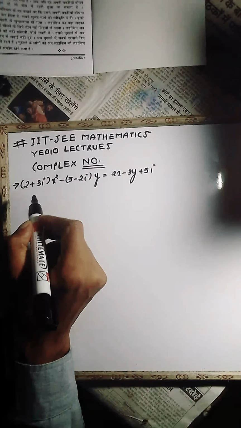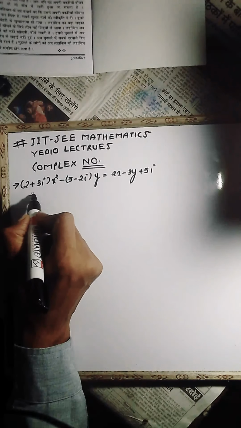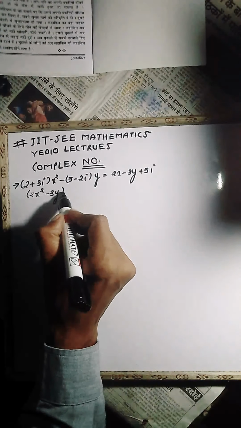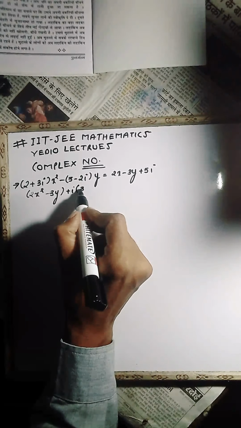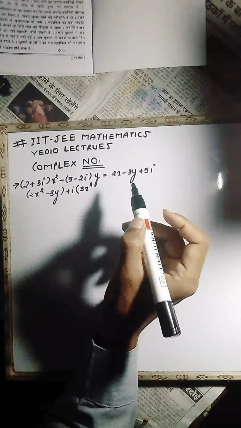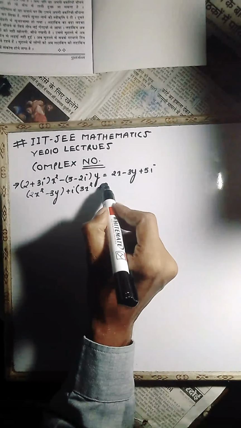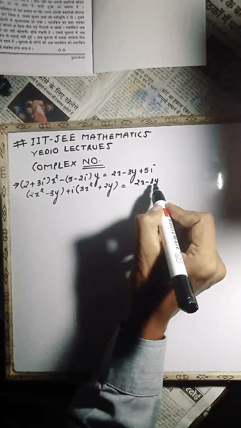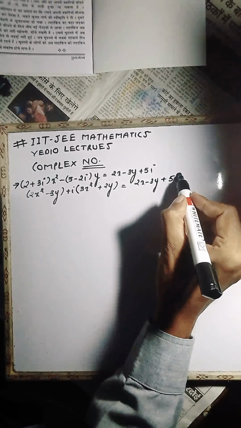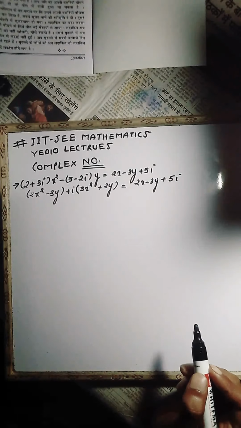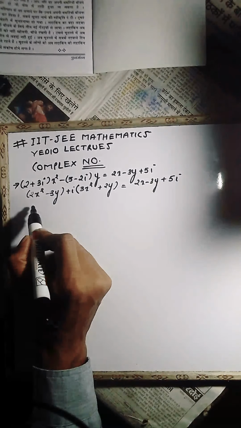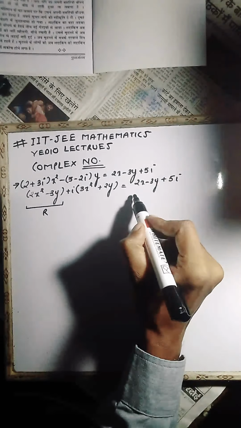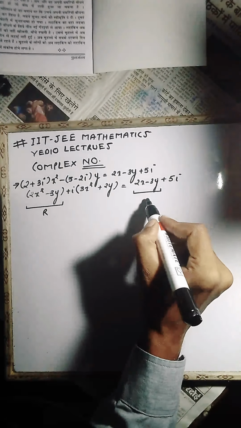So here, 2x square. So now here on the LHS part, this is our real part, and on the RHS, this is our real part.